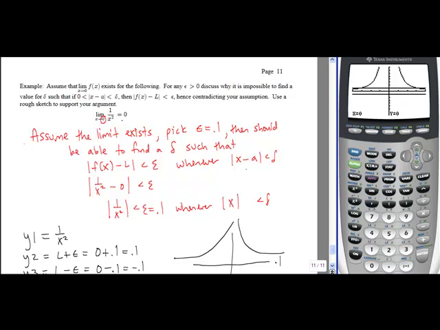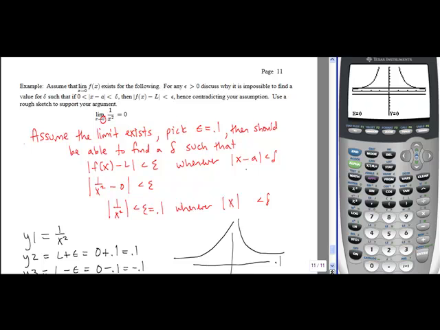Alright, so for these proofs by contradiction, the idea is to choose any epsilon you want, usually it's something relatively small, and then proceed through the limit definition, either algebraically if you can, or using your calculator if the function is too difficult to work with.